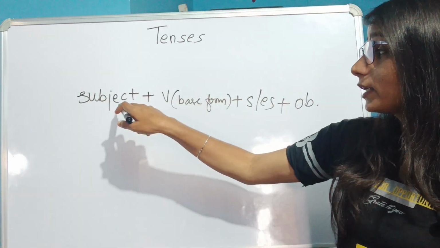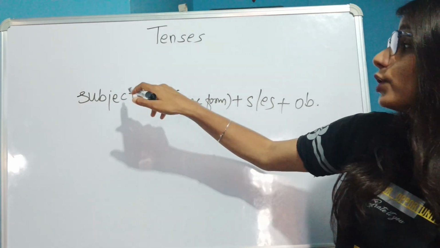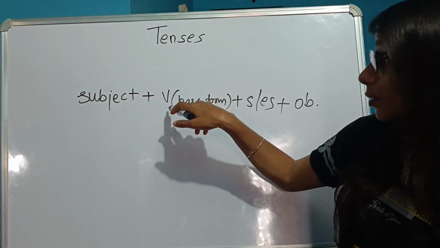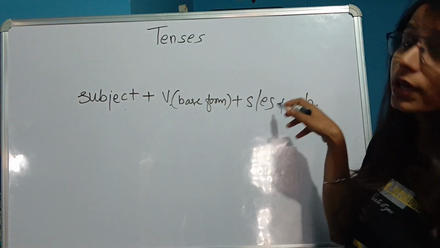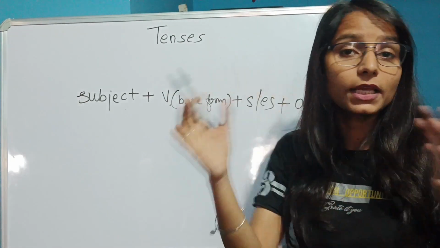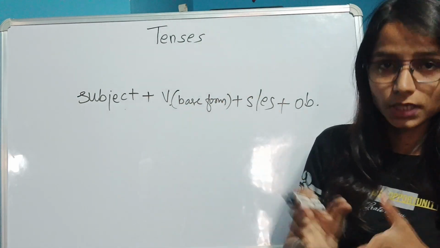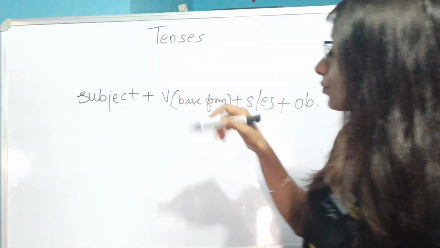In the subject, you will use nouns or pronouns, and according to that, when you use the verb base form, you put s or es when the subject or noun you have used is singular, or the pronoun you have used is singular. The singular pronouns are he, she, it.